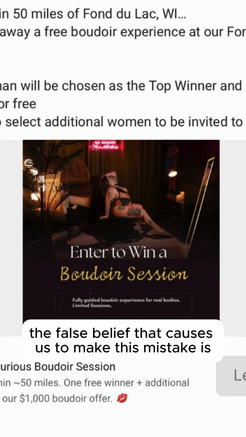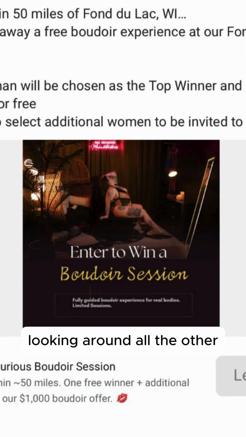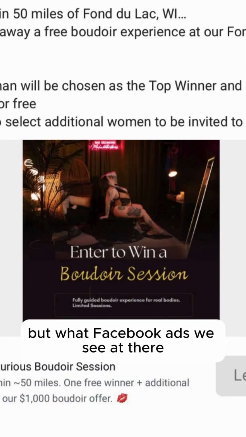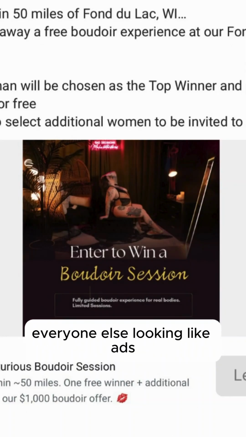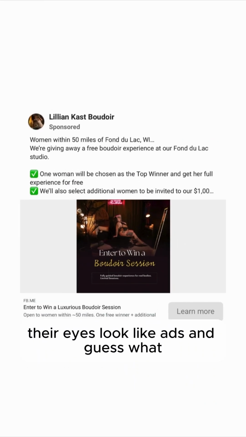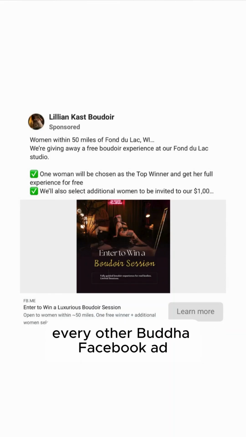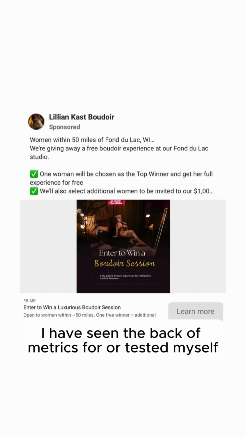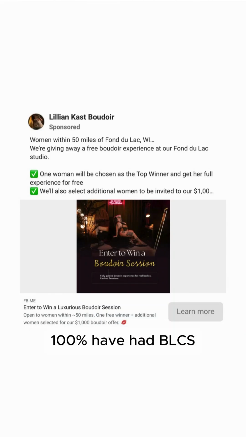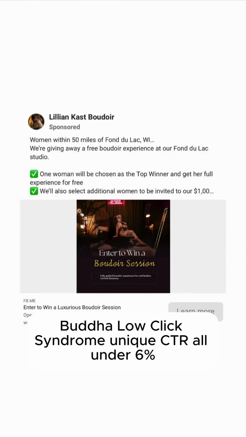And the false belief that causes us to make this mistake is looking around all the other boudoir Facebook ads. We see out there everyone else looking like ads. Their ads look like ads. And guess what? Every other boudoir Facebook ad I have seen the back end metrics for or tested myself, 100% have had BLCS, boudoir low click syndrome, unique CTR all under 6%.